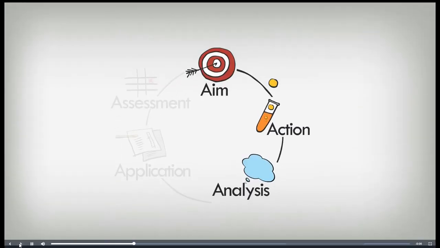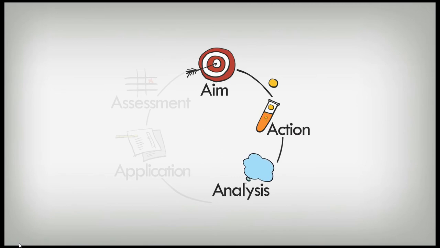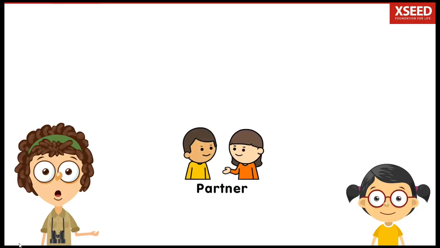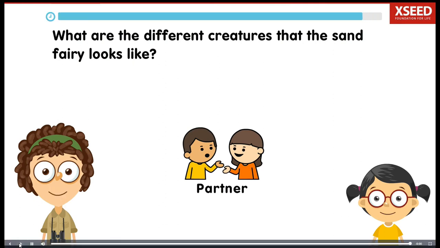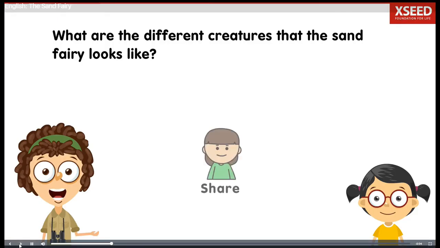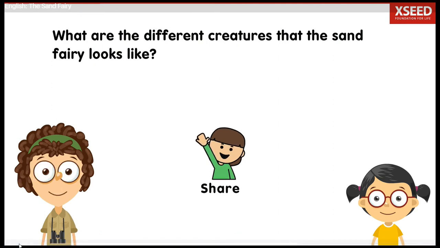Time for analysis. Let's talk about what we just read. Talk to your friend. What are the different creatures that the sand fairy looks like? Let's now share with the class.